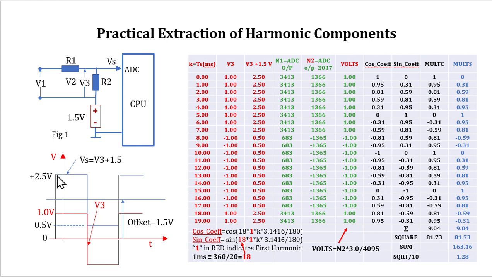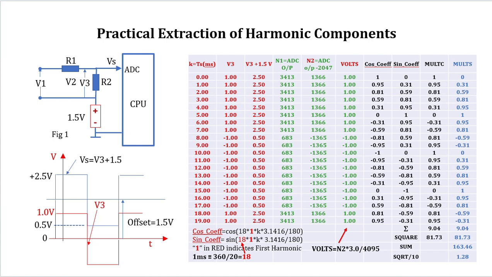And the part which was 1 volt plus has become 2.5 volts. So Vs is equal to V3 plus 1.5. What is Vs? This is Vs. How much is it? V3 plus 1.5. What is V3? This is V3. So to V3 you are adding 1.5. I'm sure you understood this part. That is the hardware part of it.